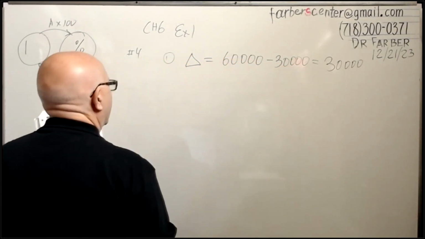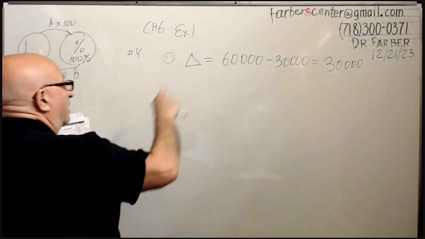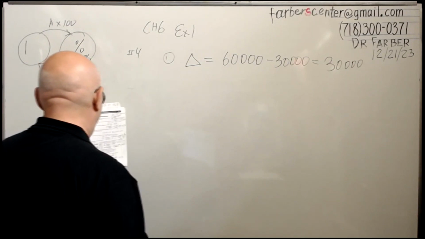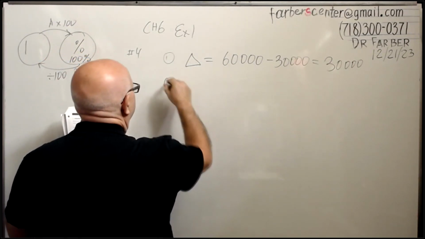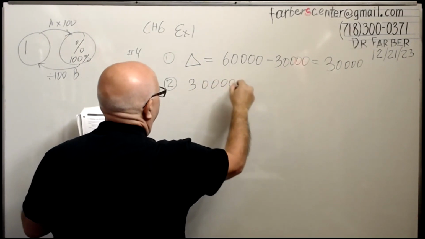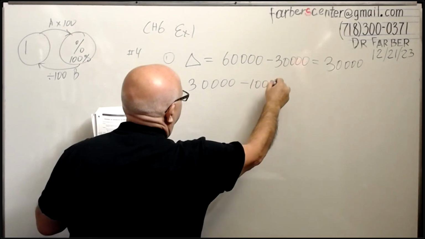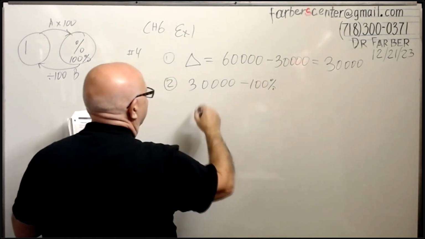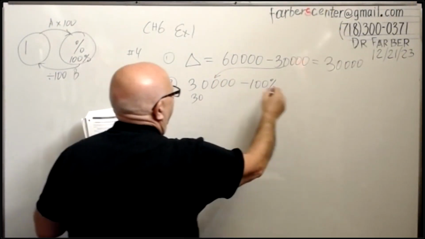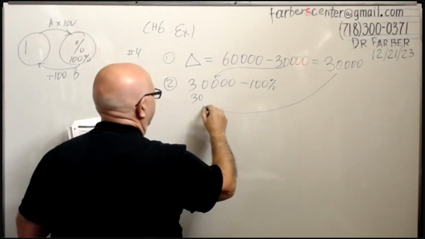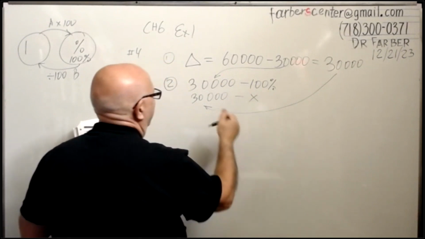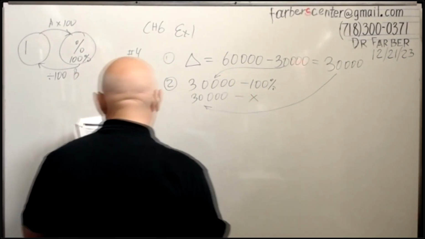Now, since they started from 30,000, always take the base. So the initial 30,000, in a formal way, is 100%. And this 30,000, the change, is just a coincidence, it's X. Even without counting, based on symmetry, X equals 30,000.